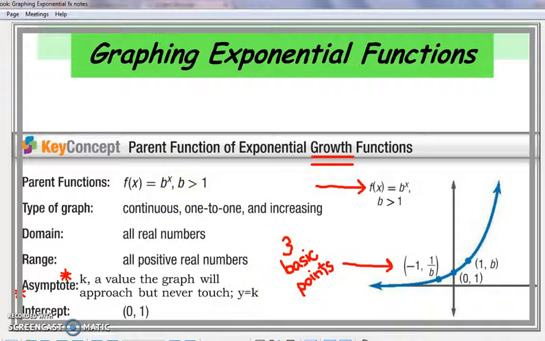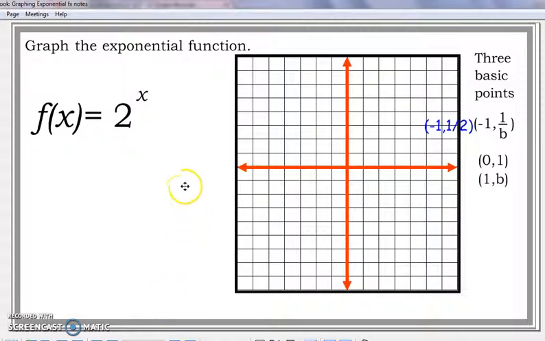So let's take a look at an equation. So here we go. If we have f of x is 2 to the x power, this is our b value. So we are going to have a 0, 1. So we're going to graph a point 0, 1.